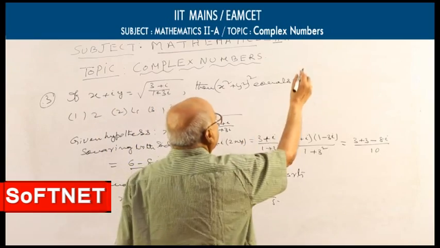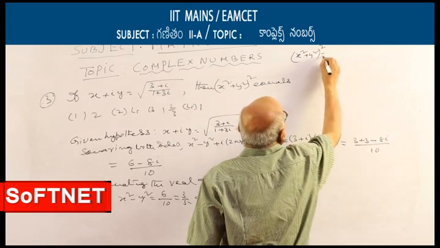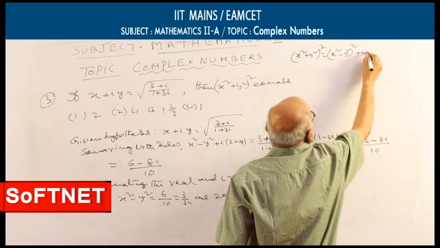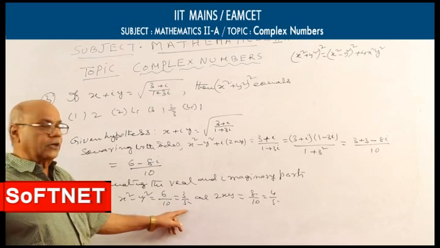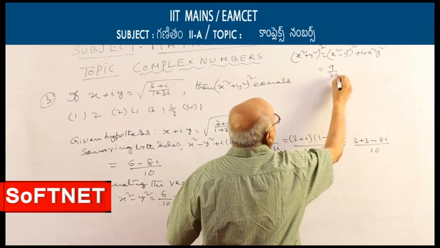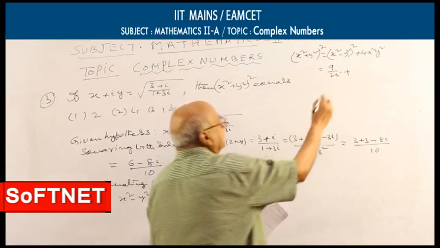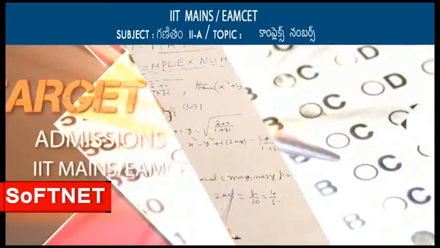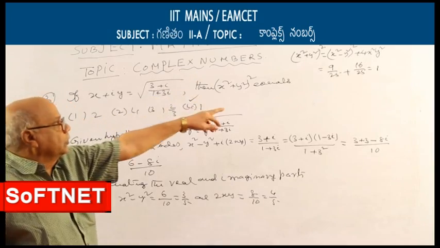Now you know that (x square plus y square) whole square is equal to (x square minus y square) whole square plus 4x square y square. But x square minus y square is equal to 3 by 5, so this is 9 by 25 plus, and you are given 2xy is equal to 4 by 5, which gives 16 by 25, which is equal to 1. So the answer is 4. (x square plus y square) whole square is equal to 1.